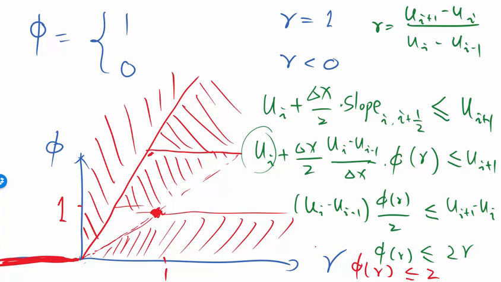Or when you are in a very smooth region, you have to do a second order extrapolation. Now I have outlined all the constraints, and the region in between is where the limiter can go. That's the region where I can construct valid limiter functions.